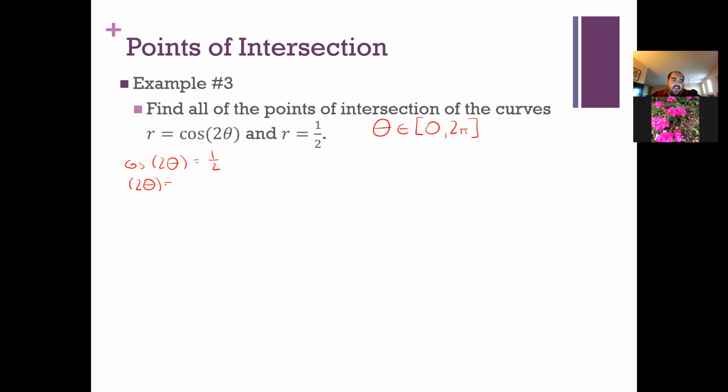So let's do this. I know 2 theta is going to be equal to, just algebraically, the inverse cosine of 1/2. Instead of just listing the first angle, I want to figure out all the angles where that's going to happen. So what angles have a cosine of 1/2?